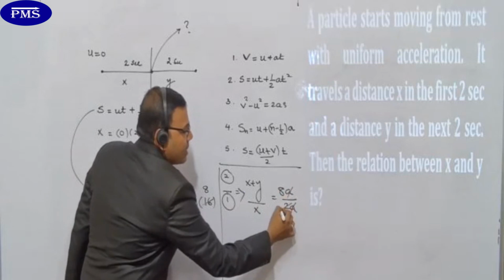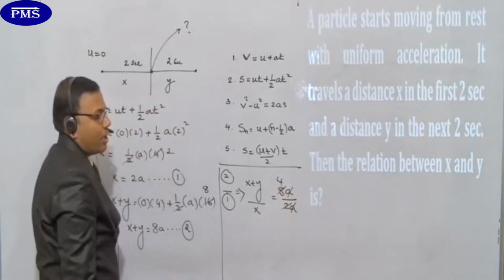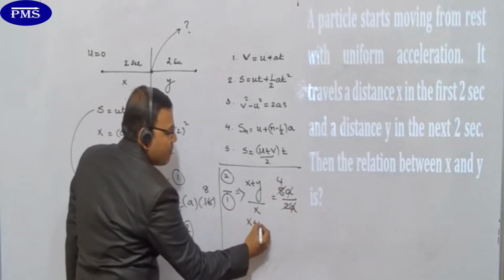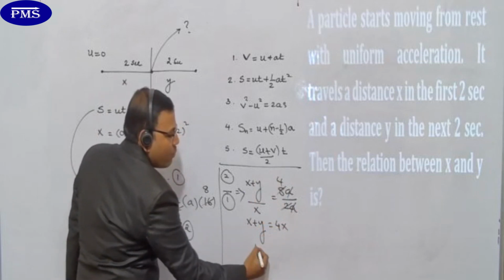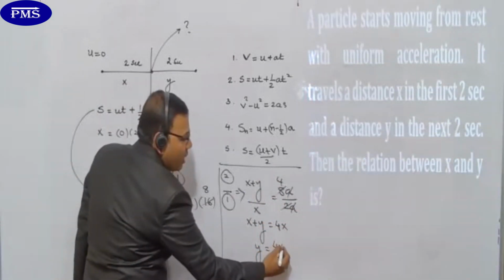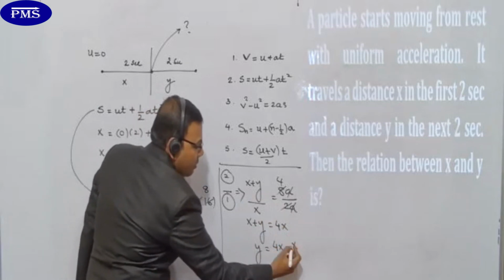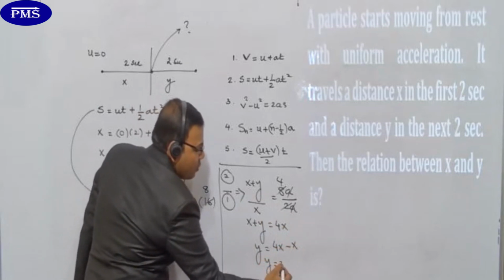So a gets canceled and the ratio is 4. So x plus y equals 4x, and if I take x to this side, y equals 3x.